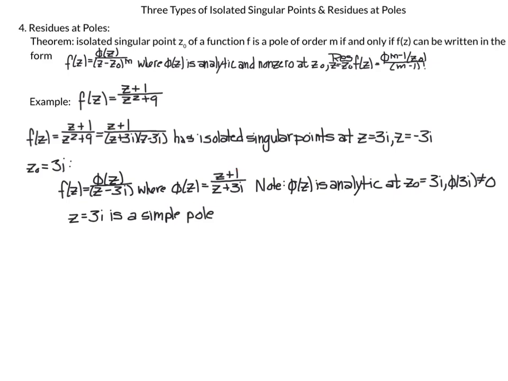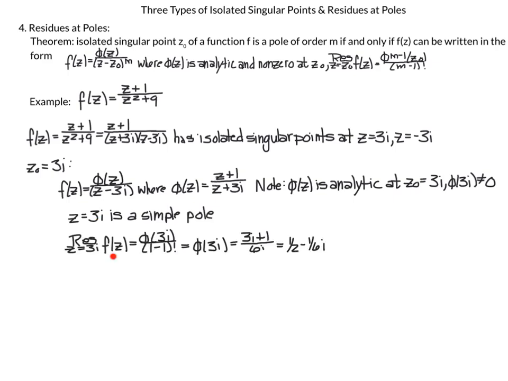So we have the z plus 1, z plus 3i, and we note that phi of z is analytic at z naught equals 3i, so when we plug in 3i, we don't get a singularity, and also when we plug in 3i, we don't get 0. So we can now apply this theorem, and we can say that 3i then is a simple pole.